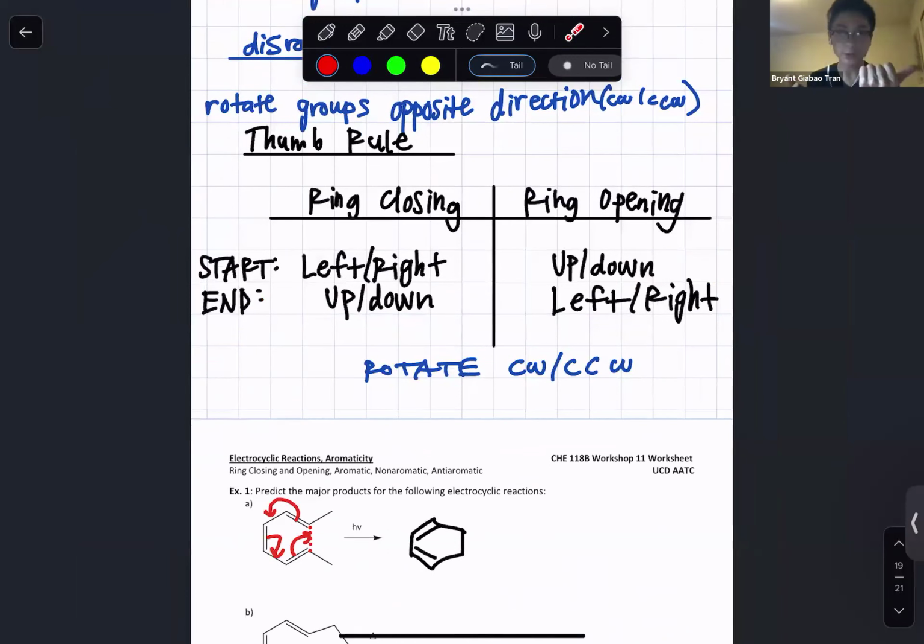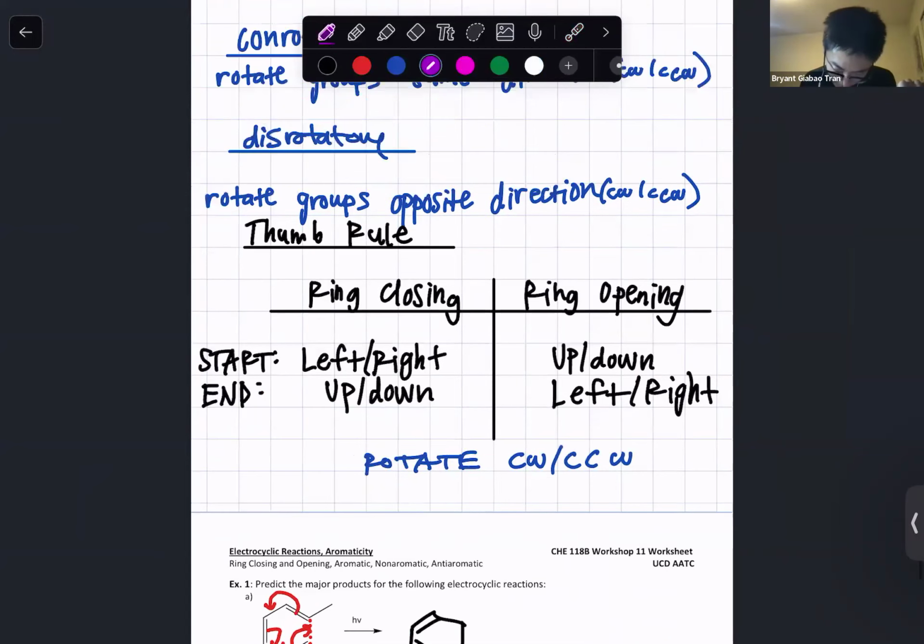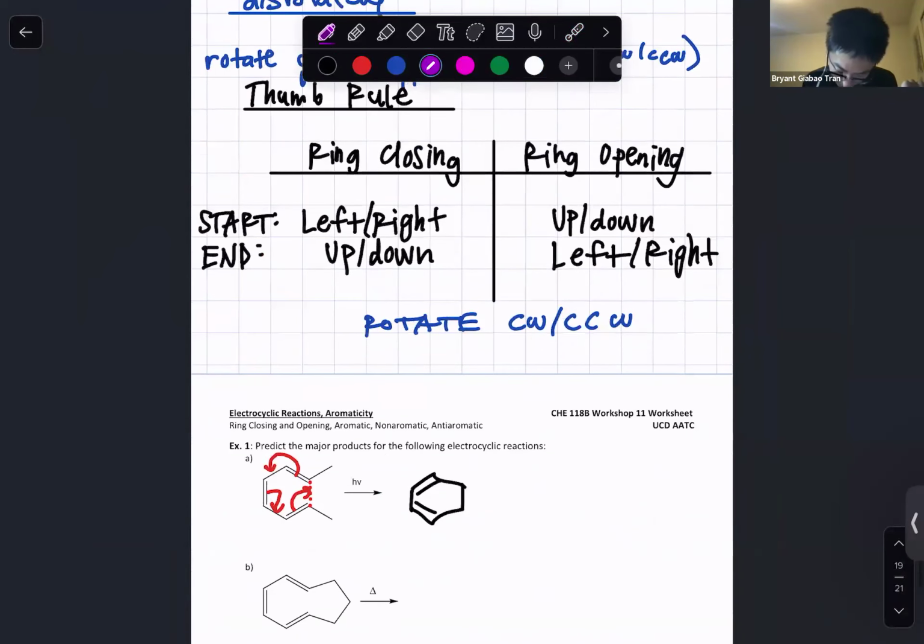So we are ring closing here. So we're going to start our thumbs away from each other like that. My left thumb here is facing to the left side. My right thumb here is facing to the right side because they're facing away from each other. We said this reaction was odd pair, light, conrotatory.